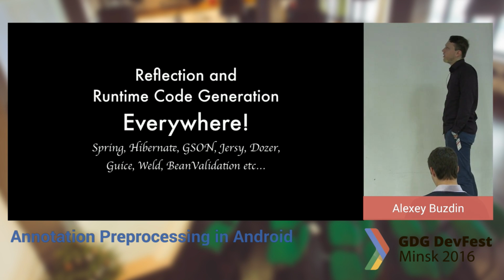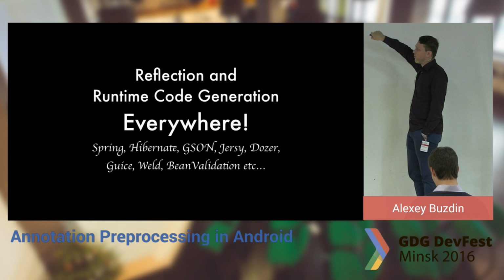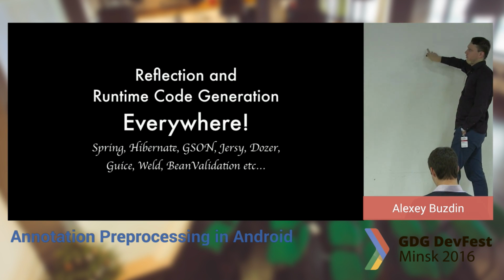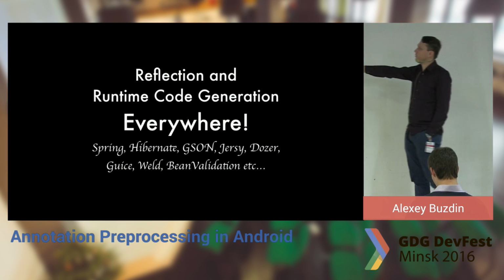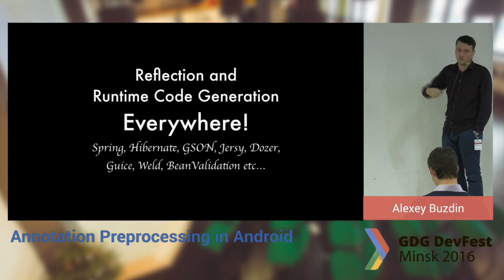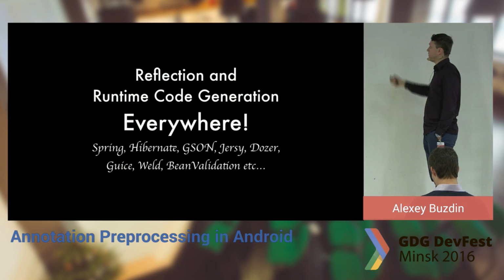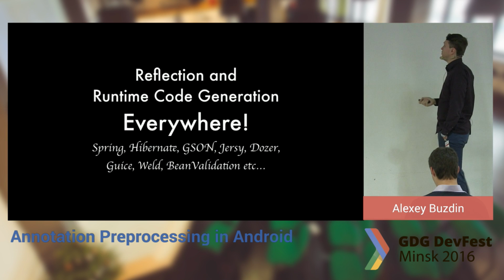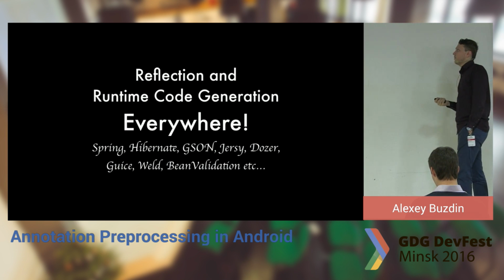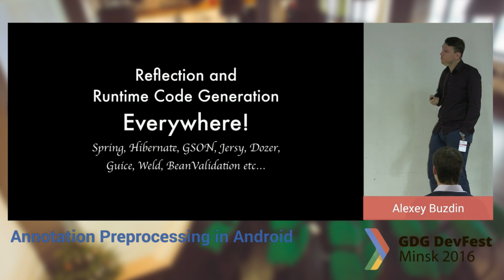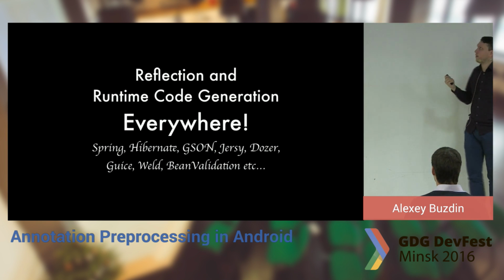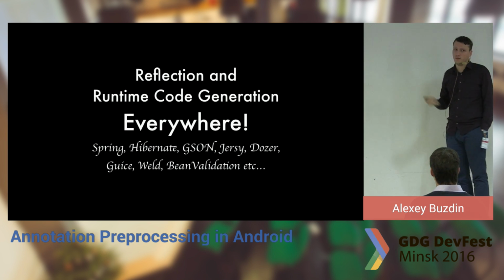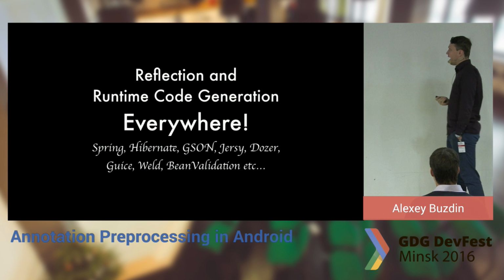If you use Spring MVC, you can just say, I want this, go here. That's all. Dependency injection. We have Guice. We have Weld also. It tries to minimize JSON serialization. But the problem is, these kinds of frameworks are using either reflection or runtime code generation.